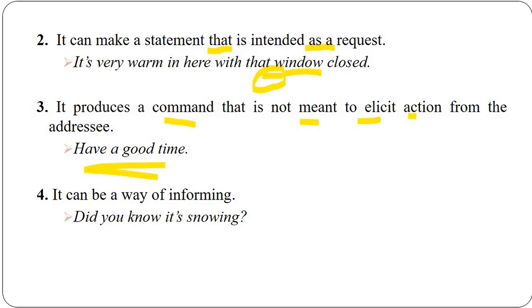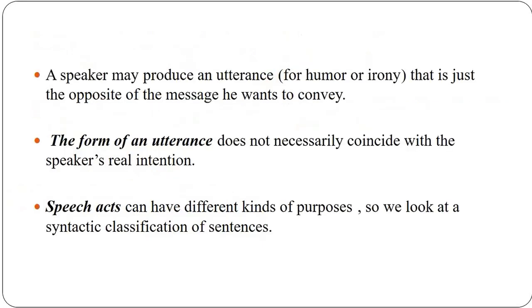When we say have a good time, it is just a good wish. It is not a command, although it is in the form of an imperative sentence. And as the last purpose of utterance, utterances might be a way of informing, like, did you know it is snowing? We try to inform the listener that it is snowing at the moment.